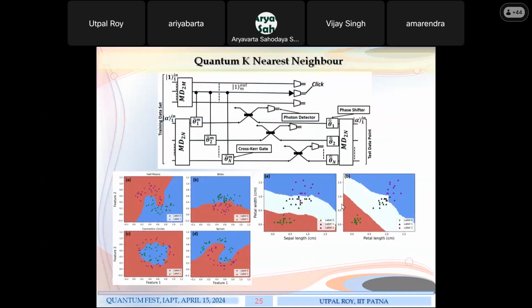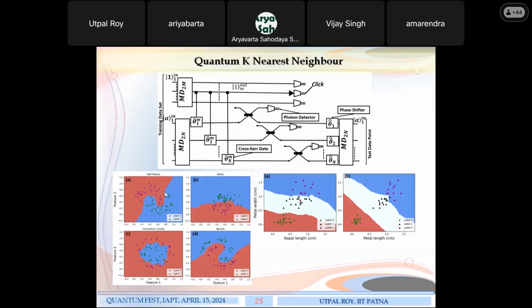This is another kind of task, which is a classification task, where you can have the nearest neighbor. You can see the circuit over here. So this is a new algorithm, and you can have different data, A, B, C, D, and then A, B, different kinds of data. This is one branch of data. This is another branch of data. And in this classification, you can see the boundaries, just like the boundaries of the countries in the world map.